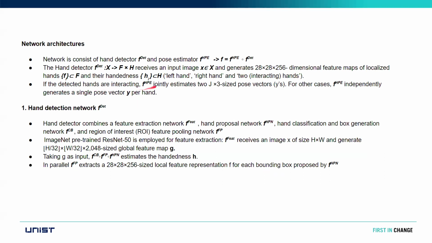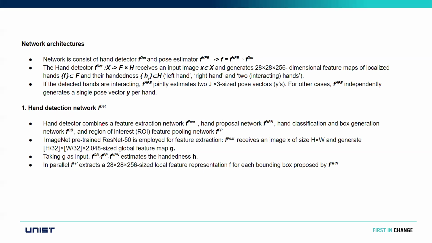In the case of interacting hands, the pose estimation estimates all of the key points together, and when they are not interacting, the 3D poses are estimated separately. So let's go deeper into the detection network.